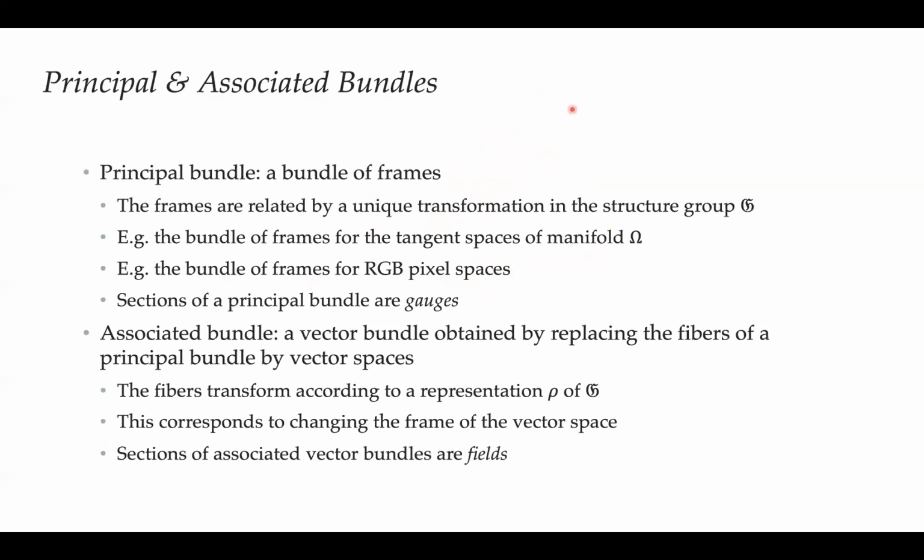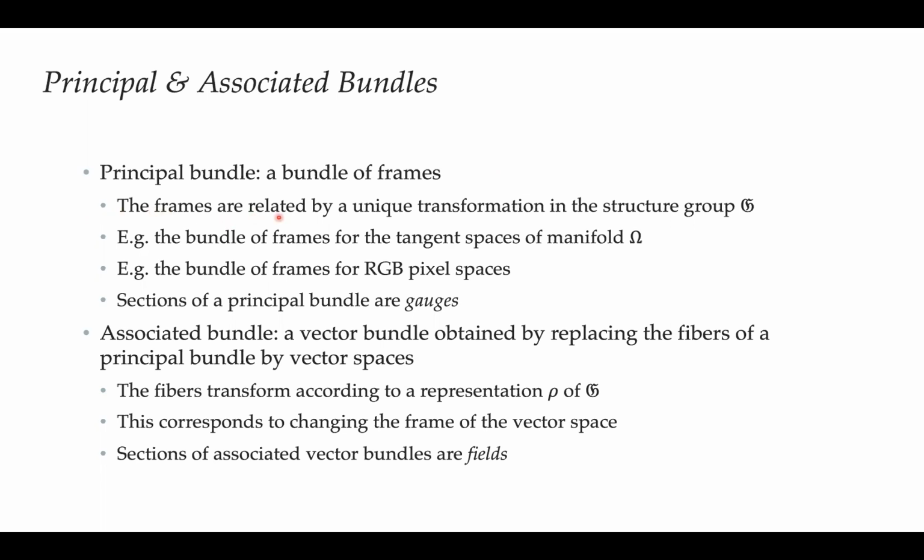So there are two kinds of bundles that play an important role in this theory: principal and associated bundles. On an intuitive level, a principal bundle is a bundle of frames. So we have our base space, and at each point we have a fiber, and the principal bundle describes in the fiber the space of all frames for our feature space.